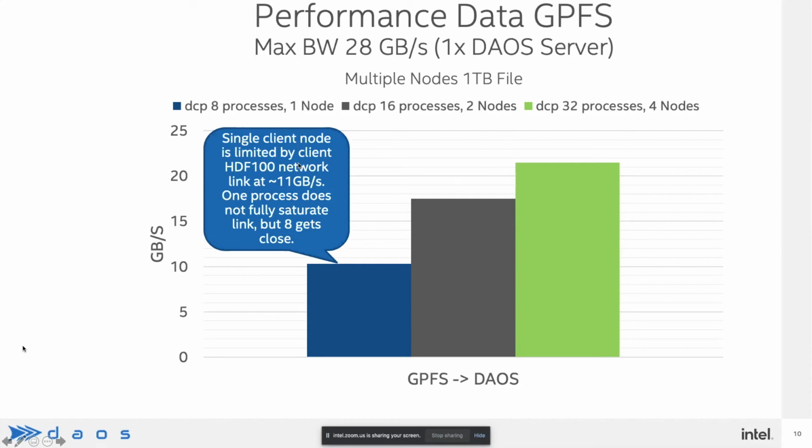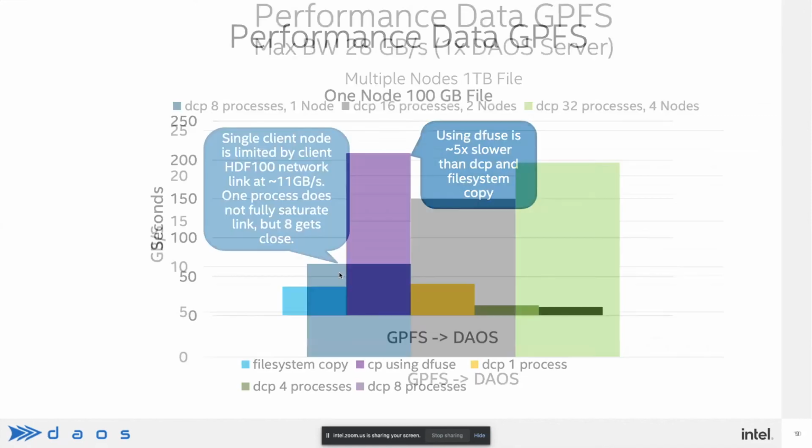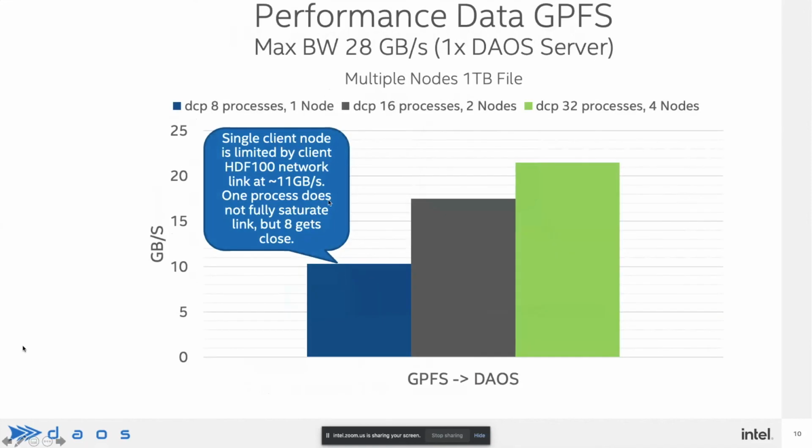On one node with 8 processes, you can get about 11 gigabytes per second over the network. In the previous slide, using one process, it was getting about 2.5 to 3 gigabytes per second. So to get maximum performance moving a large file, it's best to use multiple processes, even on one node.